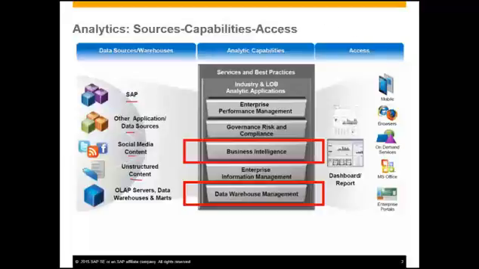Then you see in the middle, they have analytic capabilities. Remember I mentioned before that SAP uses different terms to refer to software basically. They've used solutions, capabilities, things like that, but they are essentially software tools. So under analytics, they have all kinds of software tools.